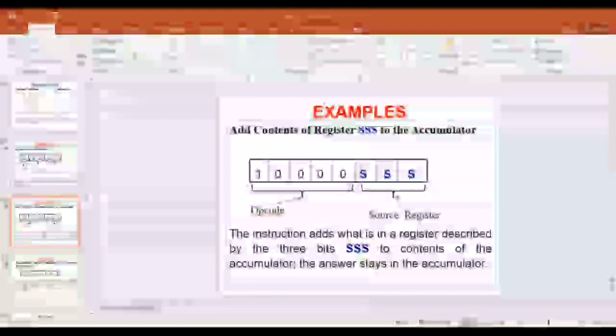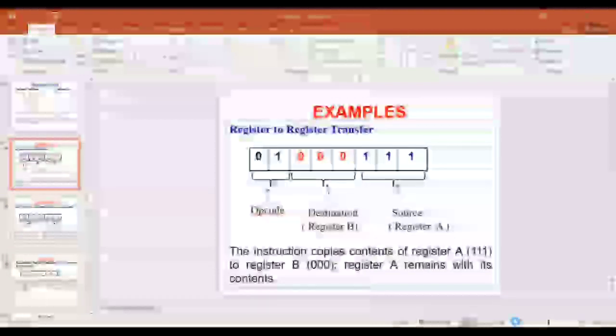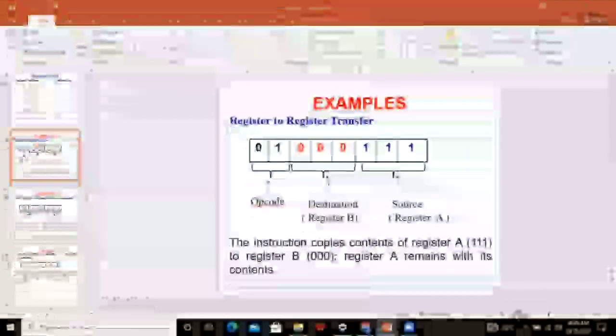And you remember, the first one was register-to-register transfer. Remember we said that every instruction has got an operation code, which is the instruction itself.